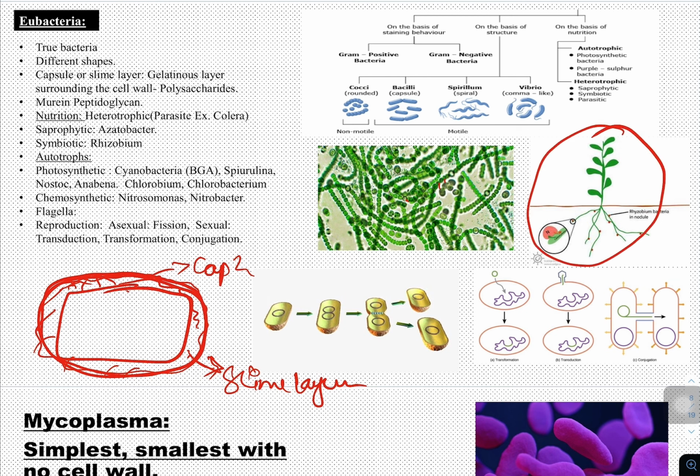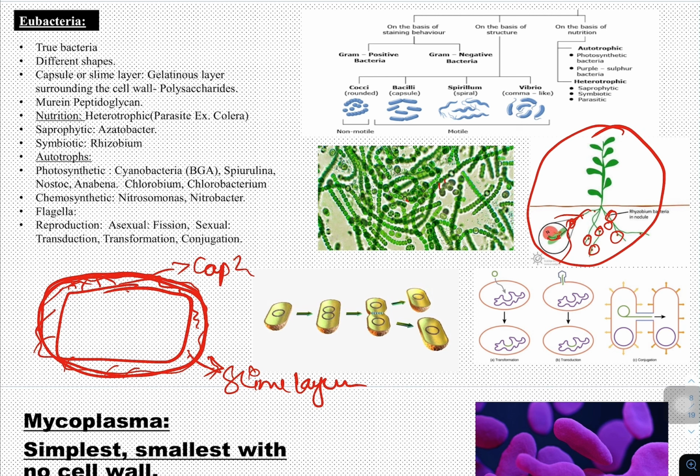Rhizobium is a symbiotic bacteria present in the root nodules. See here, these round, reddish structures are called root nodules, within which Rhizobium are present. These Rhizobium are present within the root cells of the plant, but they are not giving any harm to the plant.